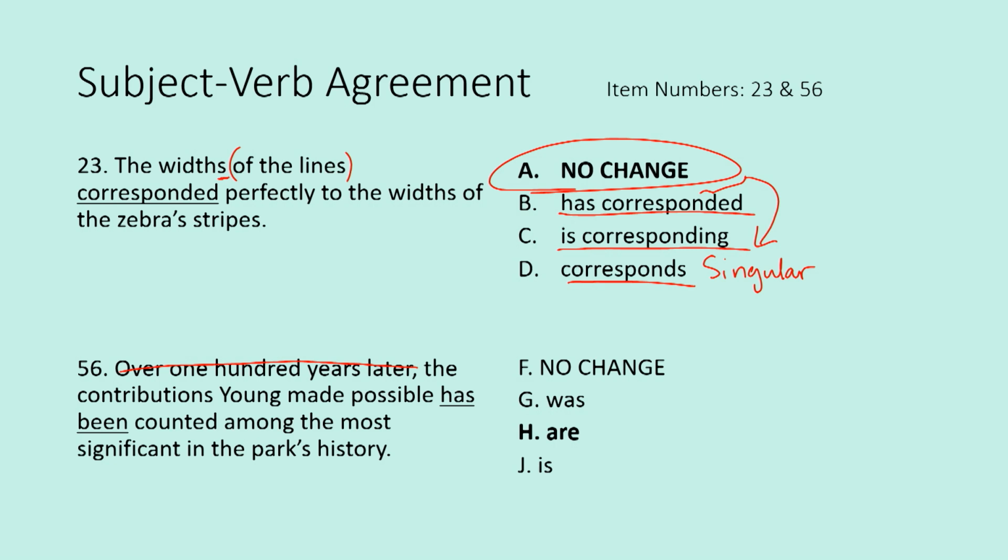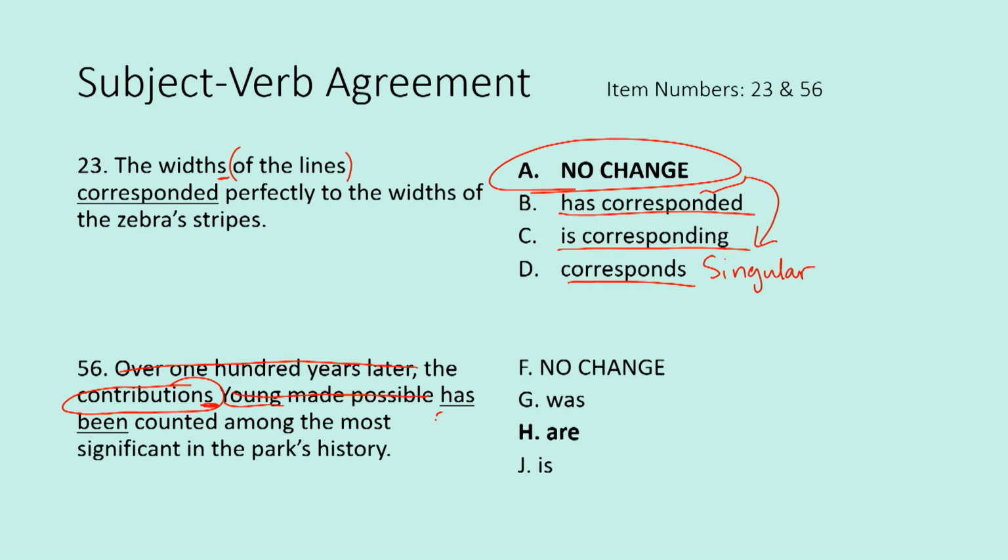Is it Young? Has Young been counted among the most significant in the park's history? No, there have been other people that have made significant contributions, right? The contributions that he made. So if we take that part out, contributions is plural.